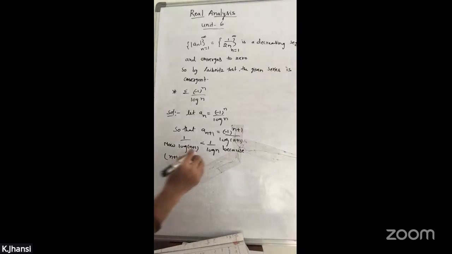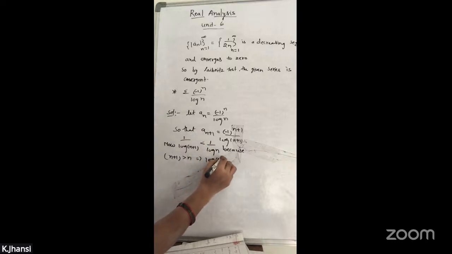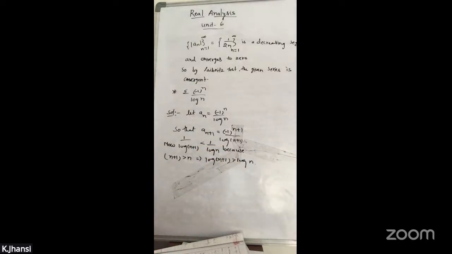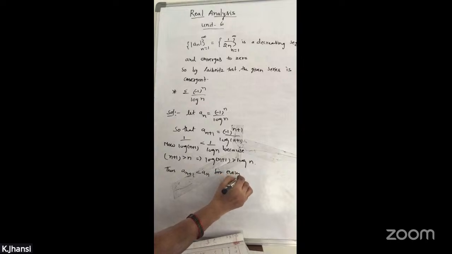So this implies log n plus 1 is greater than log n. Thus, we have an plus 1 is less than an for every n.